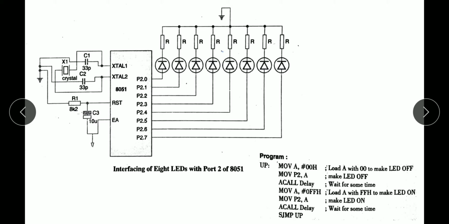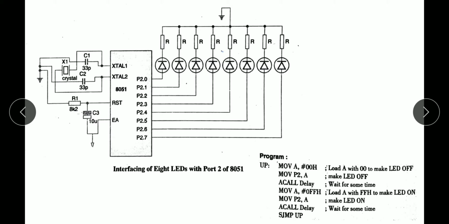So ACALL DELAY, here we have to wait for some time, so we take a delay program. ACALL DELAY means this instruction jumps to the delay program, whichever delay you add in the program, whether 20 milliseconds or microseconds or seconds, for that time the LEDs are off.